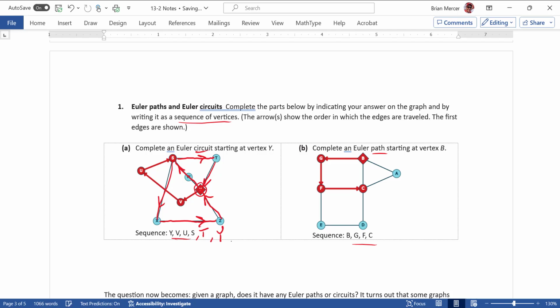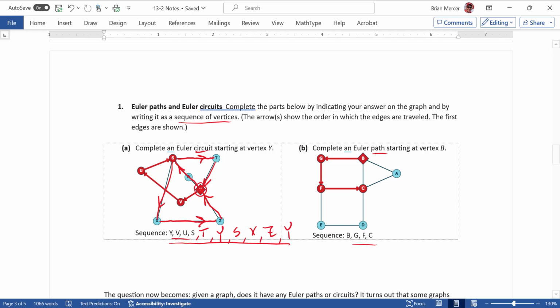So our sequence for that circuit would be, let's get the letters right: Y, V, U, S, then over to T, back down to Y, then over to S, then down to X, then over to Z, and then back up to Y. There's our full sequence that gives us a circuit. Notice we completed that circuit: we started at Y, we ended at Y, and we hit every edge exactly one time.